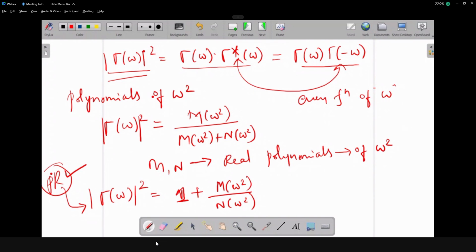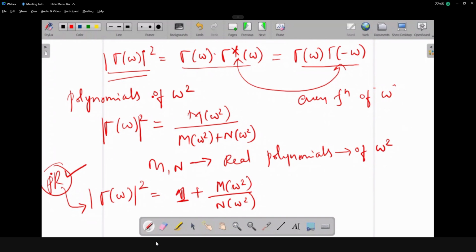Now if you specify the power loss ratio, then whatever polynomials you get give the transfer function, so that we are able to plot that magnitude response with respect to this polynomial.